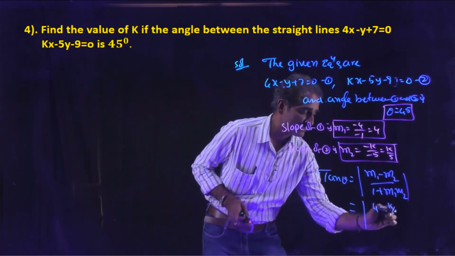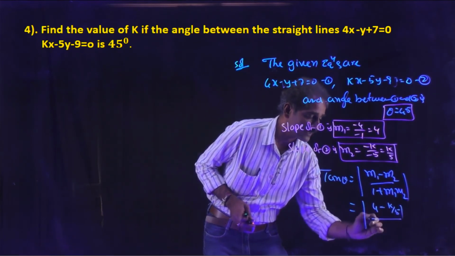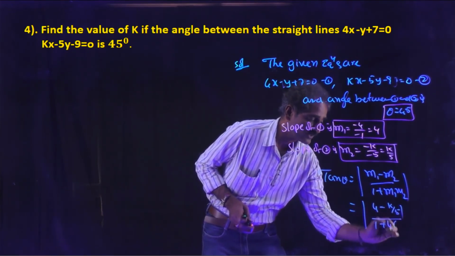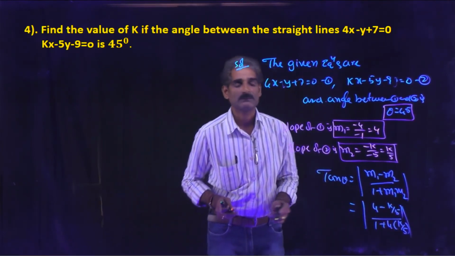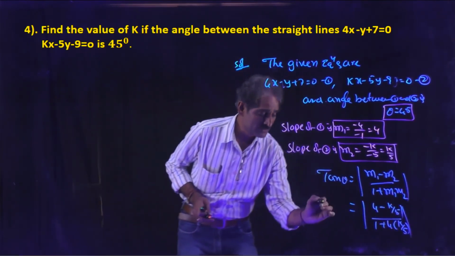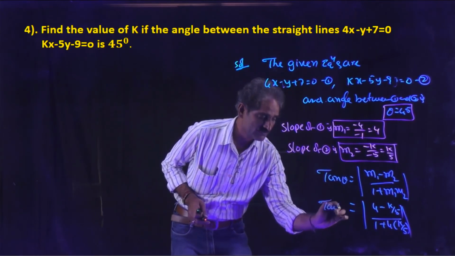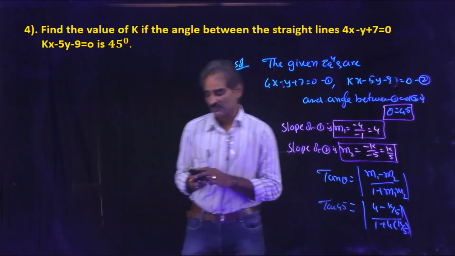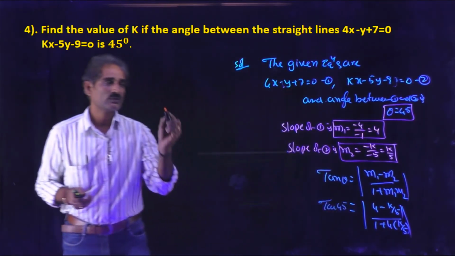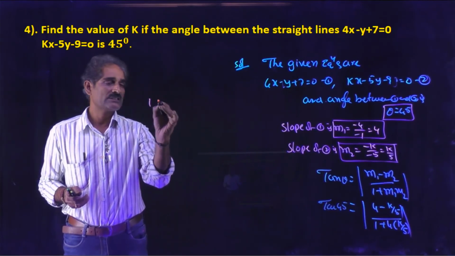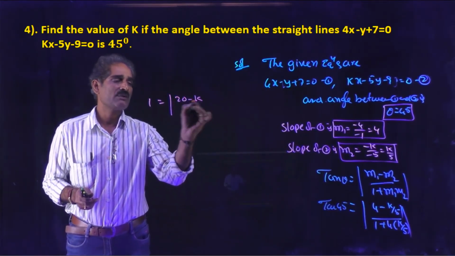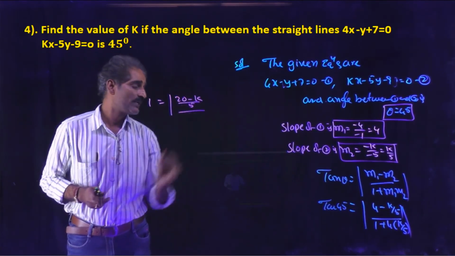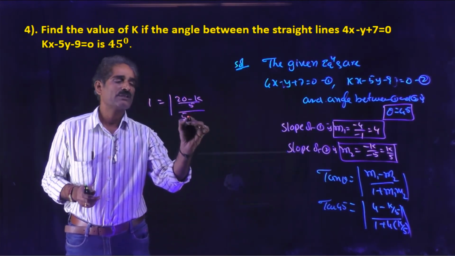So k by 5 by 1 plus 4 into k by 5. Tan 45 degrees, the value of tan 45 is equal to 1, all of you know. So 1 is equal to modulus of 20 minus k by 5 whole divided by 5 plus 4k by 5.